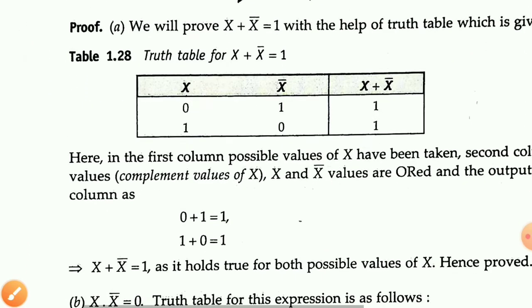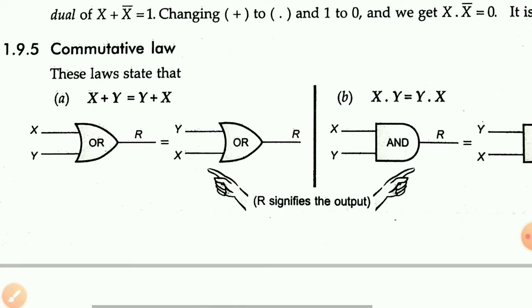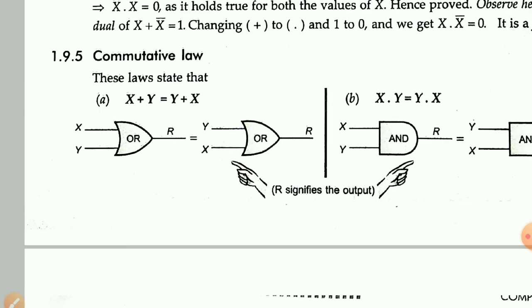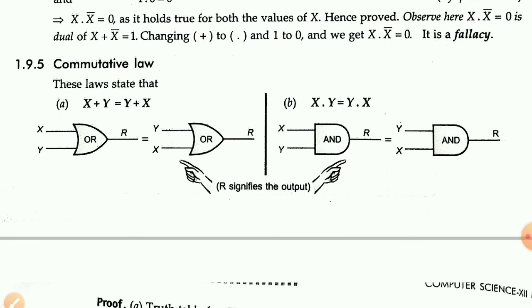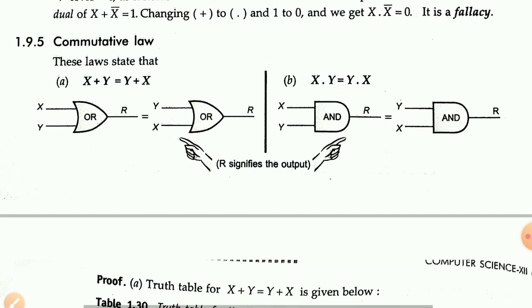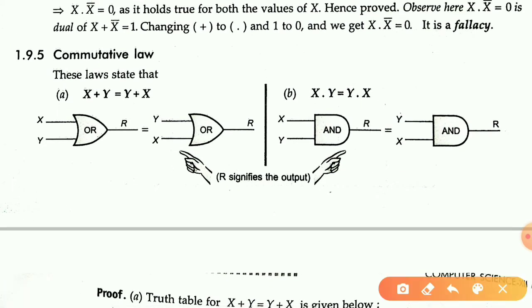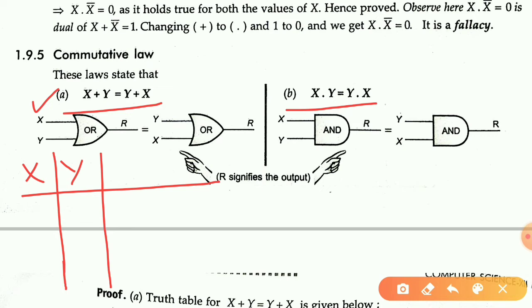Now let's move to the next law, that is the commutative law. You already studied the commutative law in mathematics. The commutative law states that x plus y equals y plus x and x dot y equals y dot x. When we draw the truth table, two inputs x, y are there and we are finding x plus y and y plus x.